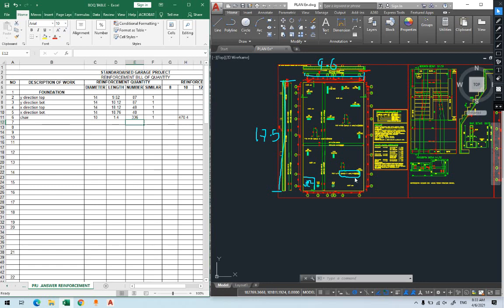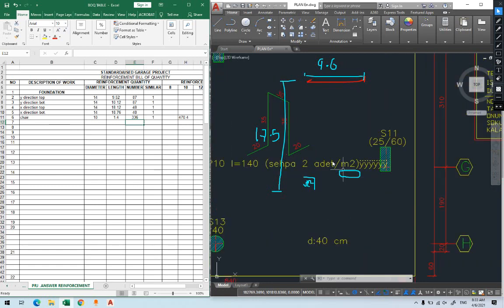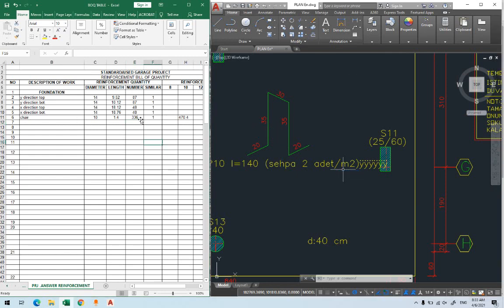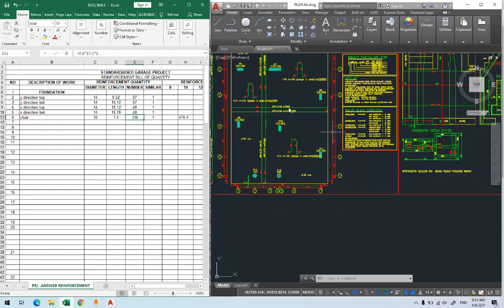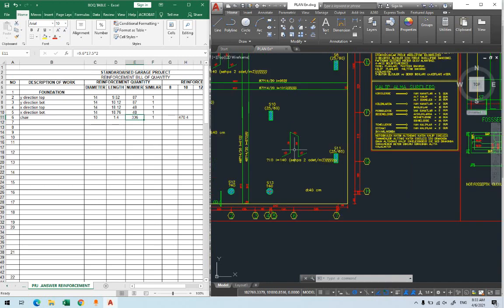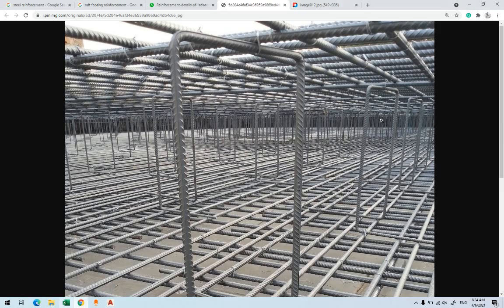Remember again, it was written that 2 per meter square. So it will be given to you like chair, which they call in Turkish, 2 per meter square. So this is how you calculate the number of it. You may not have this one in a single footing, or you may have just 2 inside it. So you don't have this calculation by area.